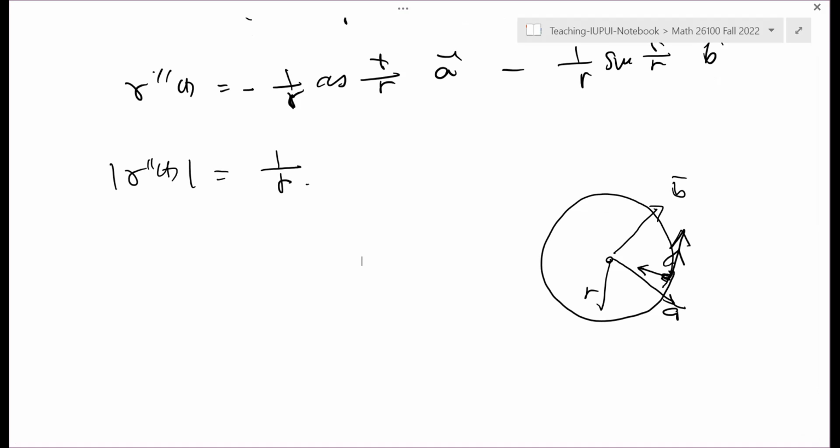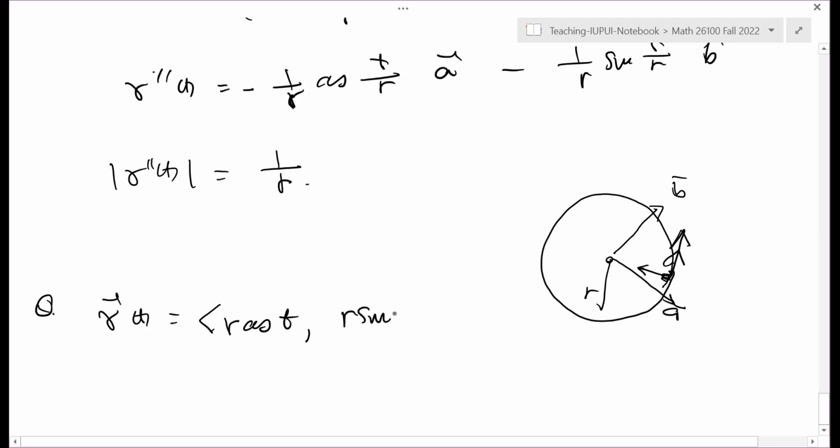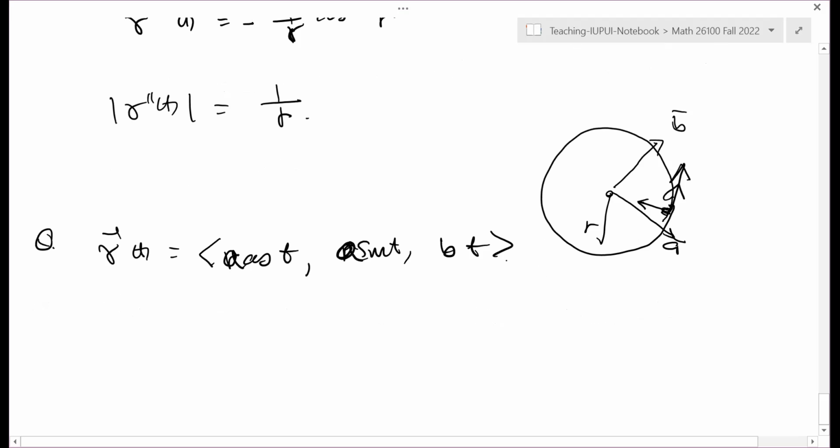All right, I'm going to look at the helix. R is cosine T, sine T, and let's use A and B, okay, that's more general.